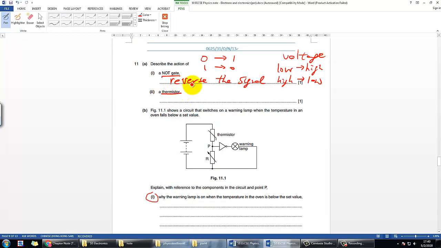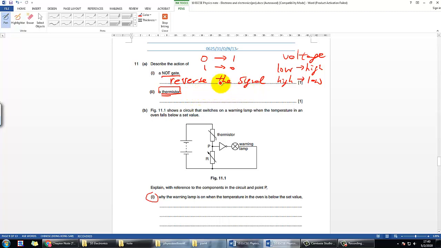For a thermistor, it's something that you learned in the previous chapter, and the way that I asked you to remember it is that a thermistor is a special component that has something to do with temperature. From the name itself, you can tell it has something to do with heat, because it's thermal, right? Thermistor.